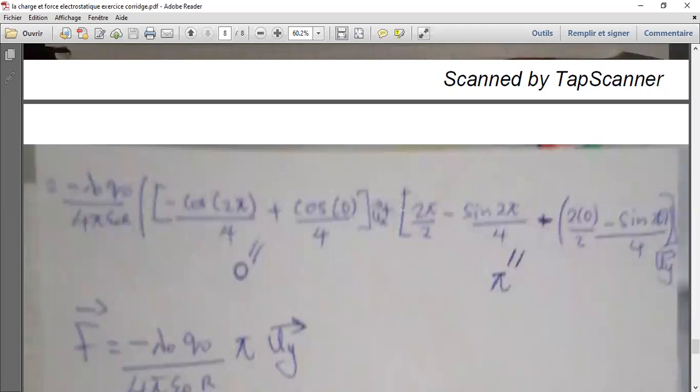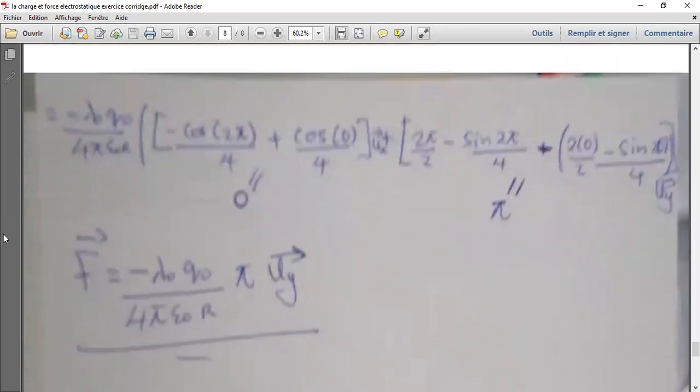So it will be, you have open brackets, pi, close brackets. So this pi, you just multiply it now with the rest of this constant, which is here. That's why you have seen here, you have your F is equal to negative lambda 0 Q0 divided by 4 pi epsilon 0 r, pi uy.